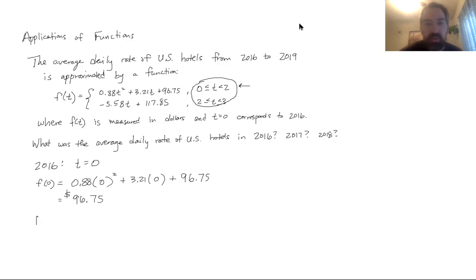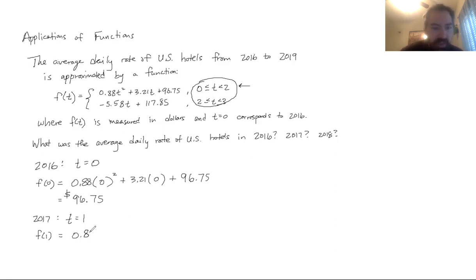Okay, and so we can do the same thing for 2017. 2017 corresponds to t equal 1. And so which piece are we going to plug 1 into? Well, we look at the restriction. t equal 1 falls into the first restriction again, right? 1 is between 0 and 2, so we'll use that quadratic function.